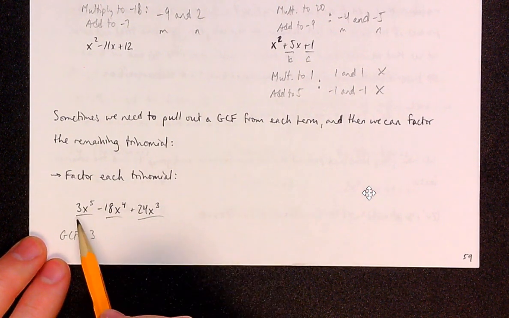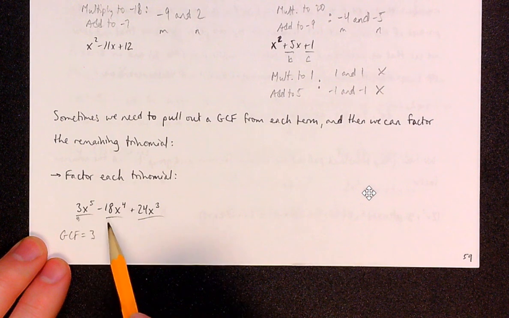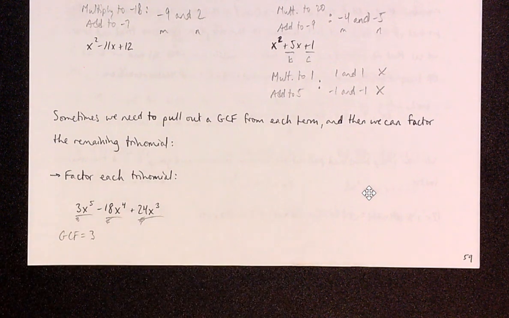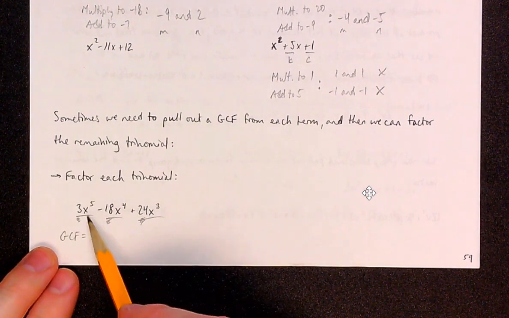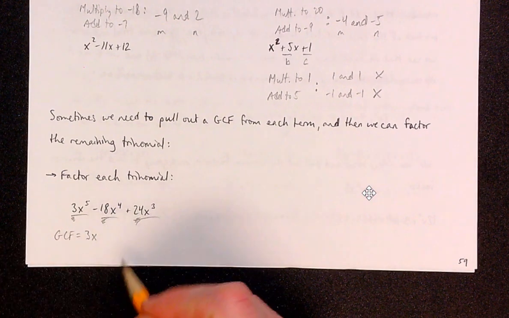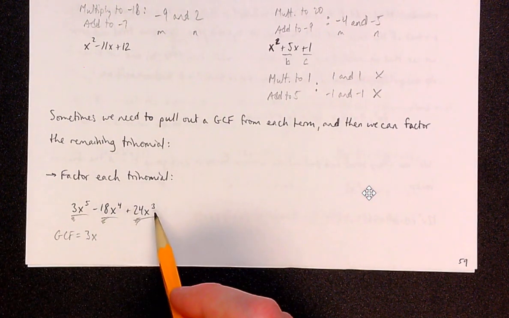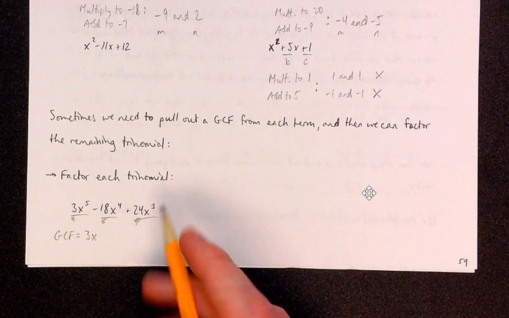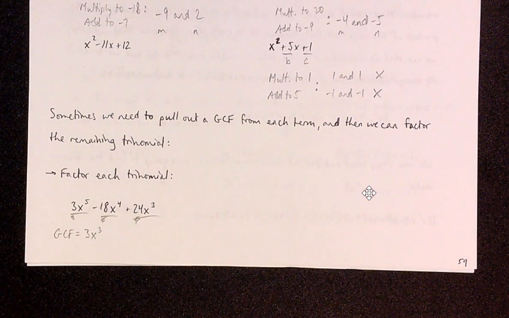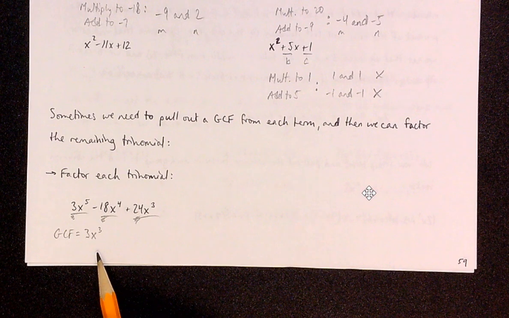So that's the GCF of the coefficients, or the numbers in front. Now the GCF of the variables. Each term does contain an x, so the x will show up in the GCF. What's the smallest exponent on the x between these terms? It's that power of 3.